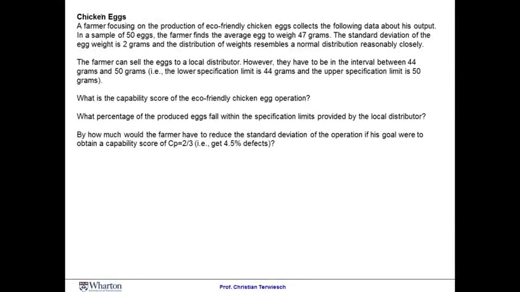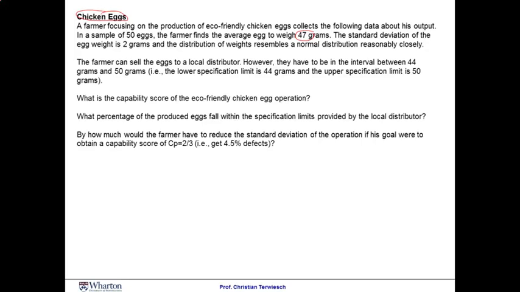All right, the next question is about chicken eggs, and I went on Google here to inform myself about the average weight of chicken eggs. I hope I got this right. I believe it's 47 grams, and I have this eco-friendly farmer here who is concerned about the output of his chickens.